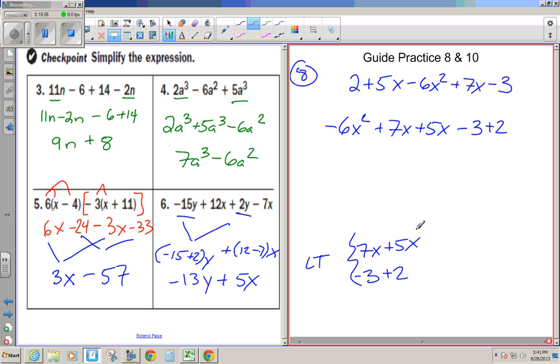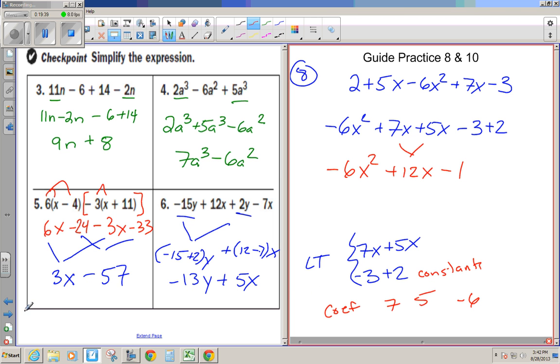These, the 3 and the 2, are called constants. The coefficients are the 7, the 5, and the negative 6. There's a lot of information in here, but we want to just simplify it now. Negative 6x squared, put those together, and there you go. That's it.